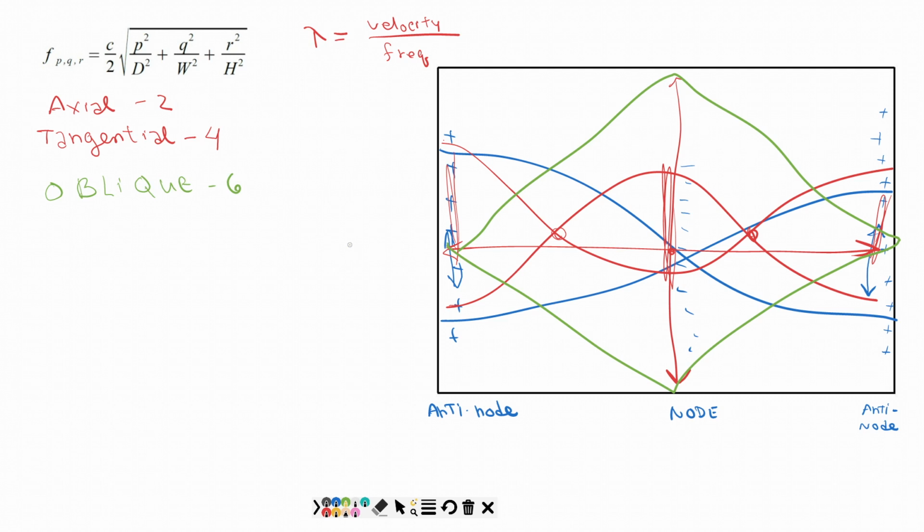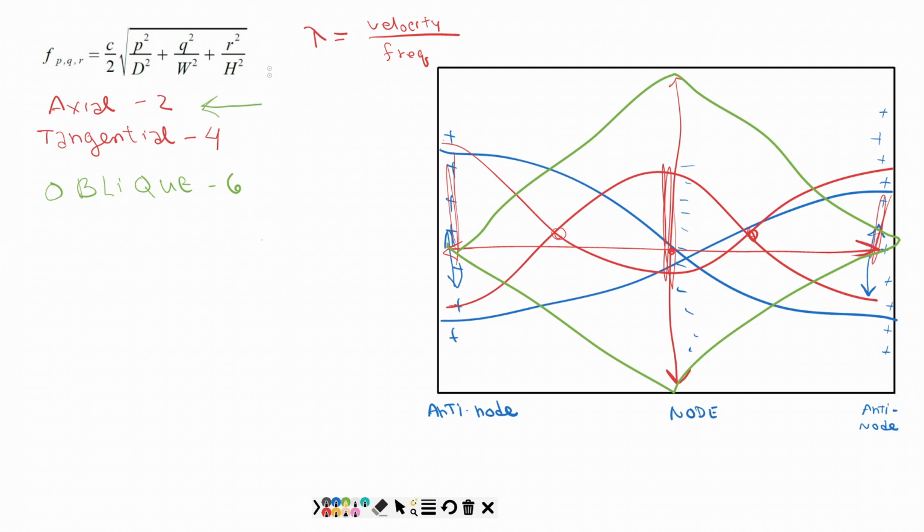I'm not going to talk about rooms that are some weird shape. 99% of the rooms you're going to walk in are going to be some kind of rectangular structure. So this involves all 6 surfaces, and again, there's sort of a reduction in the power compared to the tangential, just as the tangential was compared to the axial. All right, so out of the system, the axial modes tend to be the dominant modes.